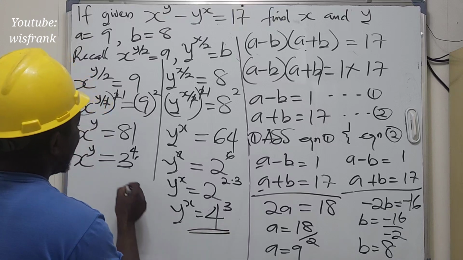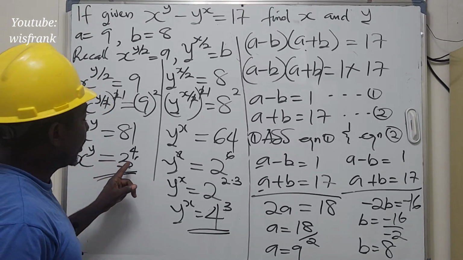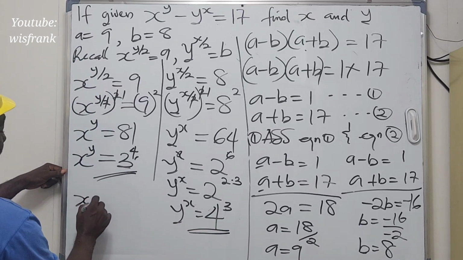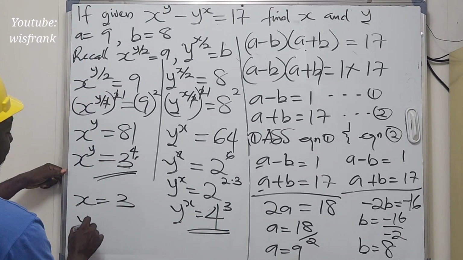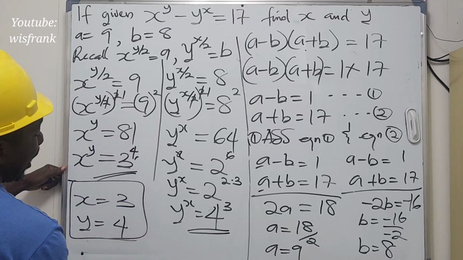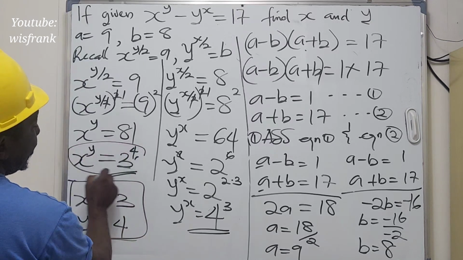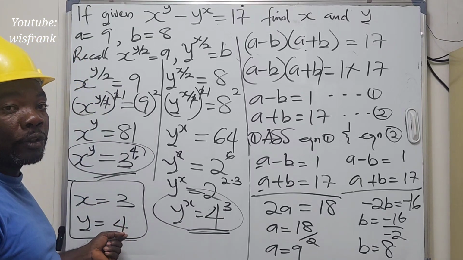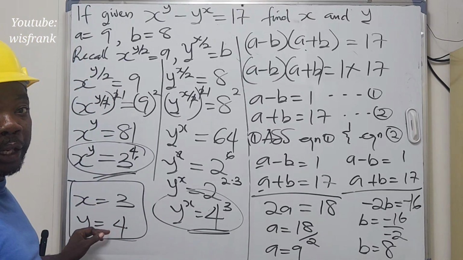So we have this and we have this. We can deduce by comparing these equations that our value of x equals 3 and also our value of y equals 4. So by comparing these two equations, we have gotten that x equals 3 and y equals 4.